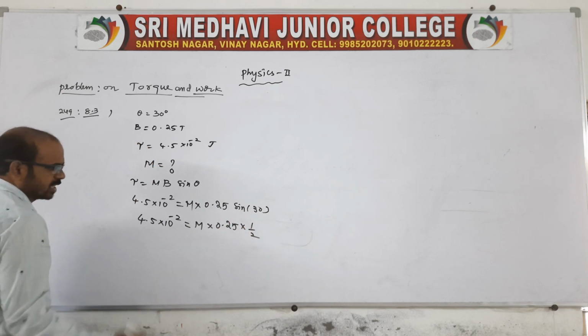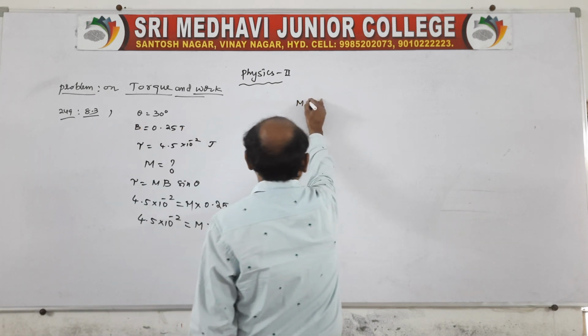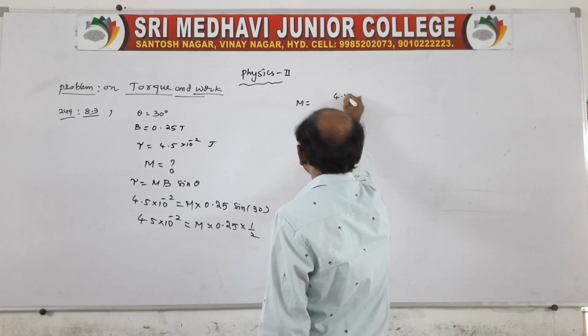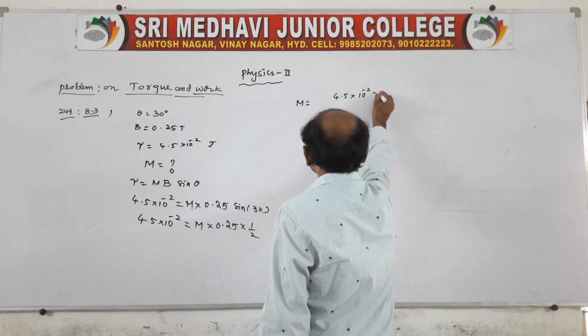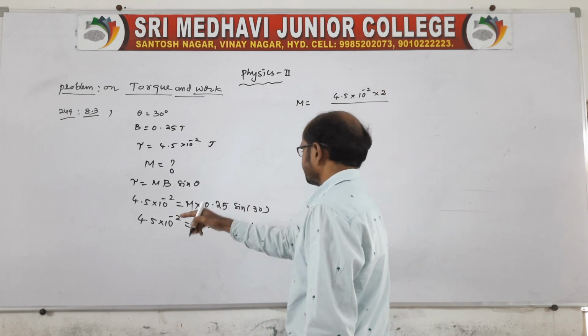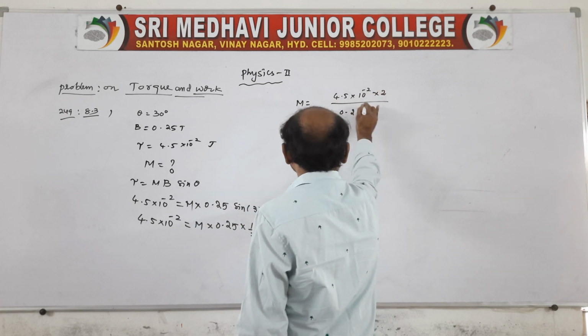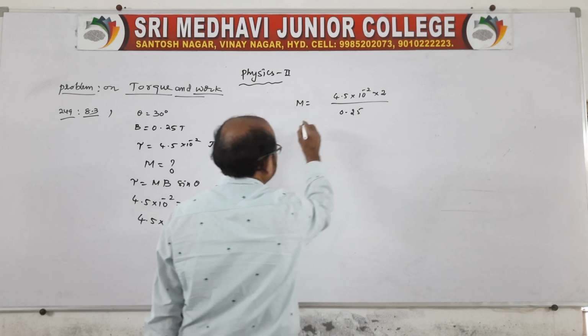Here we can do it like this: capital M is equal to 4.5 into 10 power minus 2 into 2, cross multiplied, divided by 0.25 Tesla.